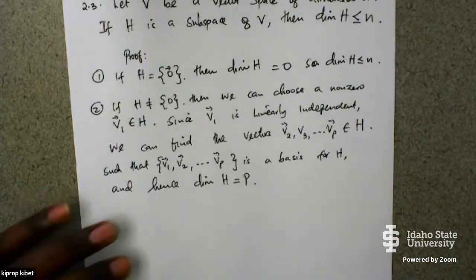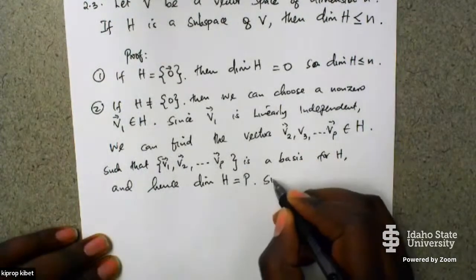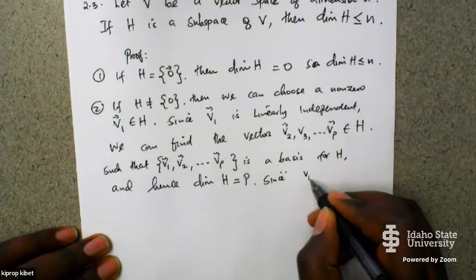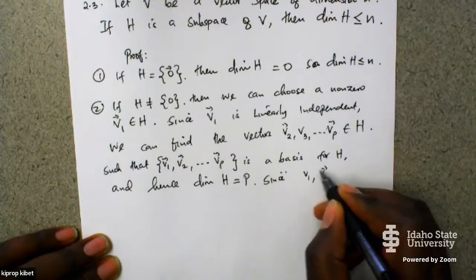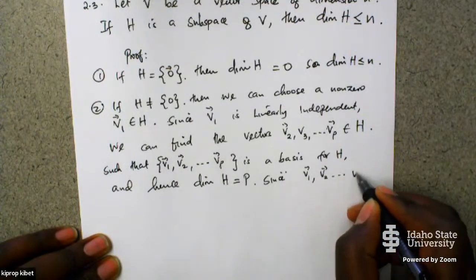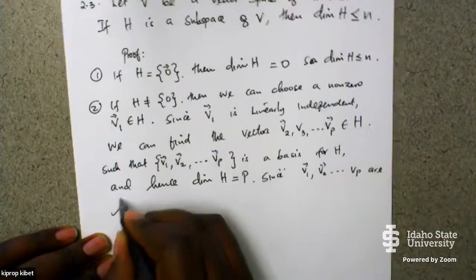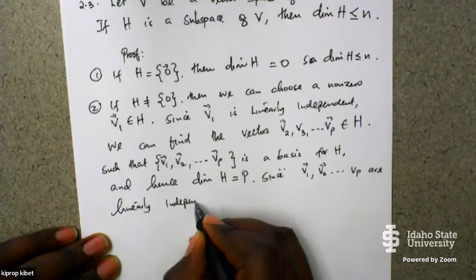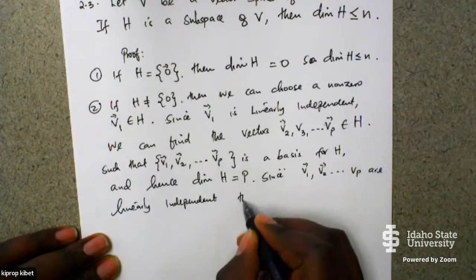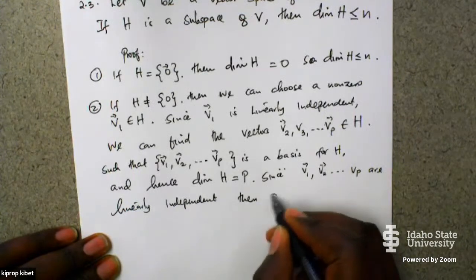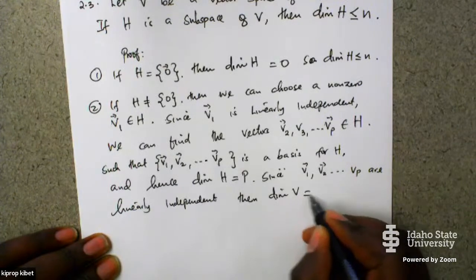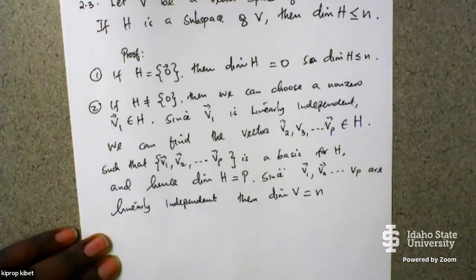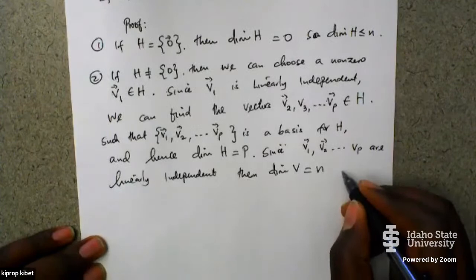And therefore, since V1, V2, all the way to VP are linearly independent, then dimension of V is equals to n.